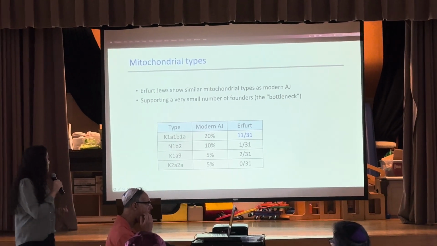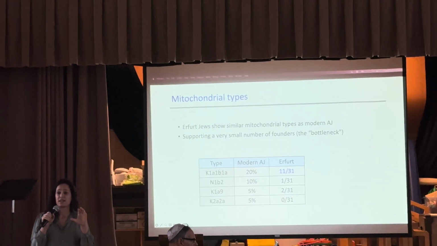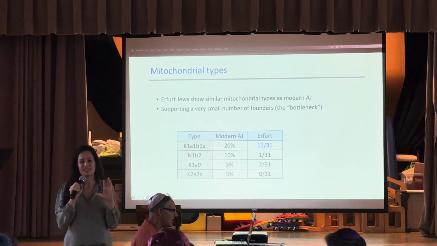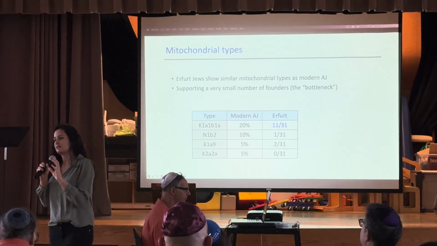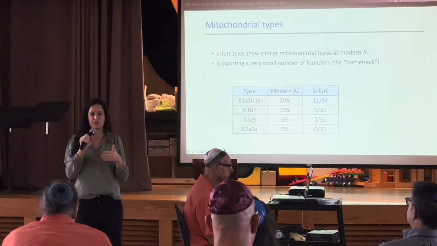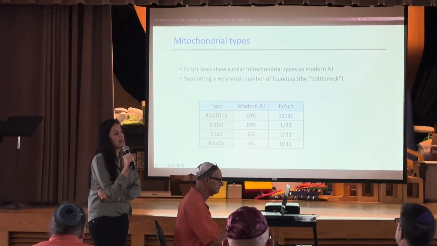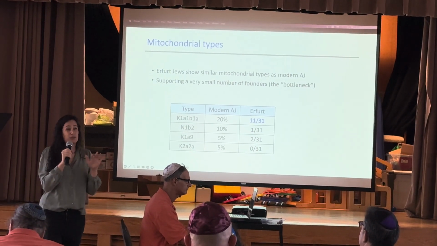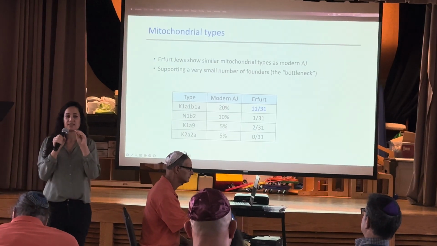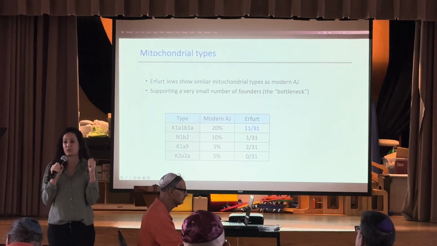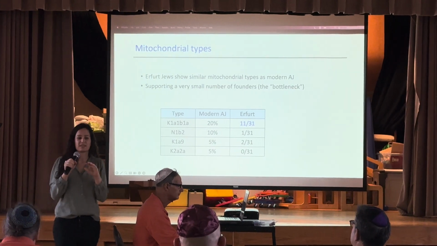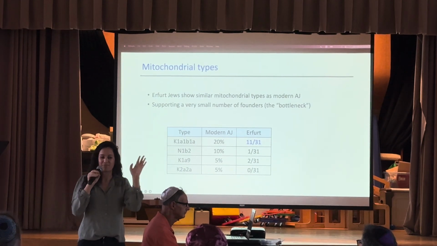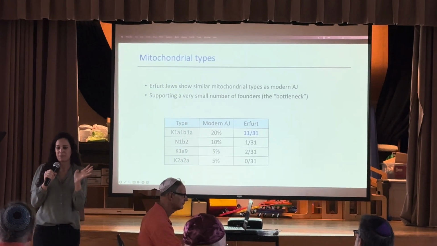So to do that, first we used mitochondrial DNA, which is a type of DNA that is different from the DNA I talked about until now. It's a segment of DNA that is inherited from mother to offspring. Because of the founder event, 40% of Ashkenazi Jews have 4 specific types of this mitochondrial DNA. So if you have one of these 4 types, you probably have some Ashkenazi Jewish ancestors.